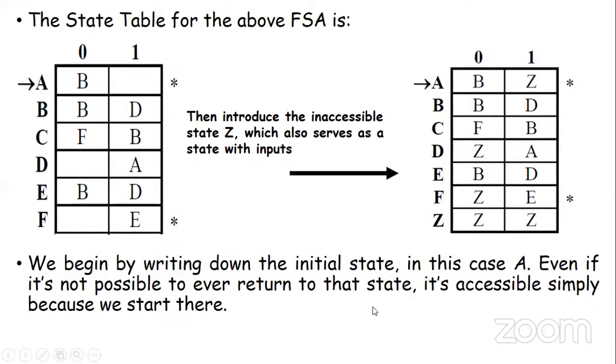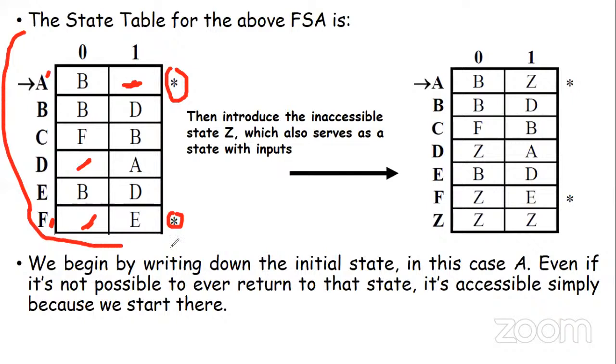So this indicates that this is an accepting state, and this indicates that F is an accepting state. When you look here, there is no input, and here also there is no input, right? So the next thing after drawing the table is to introduce the inaccessible states.